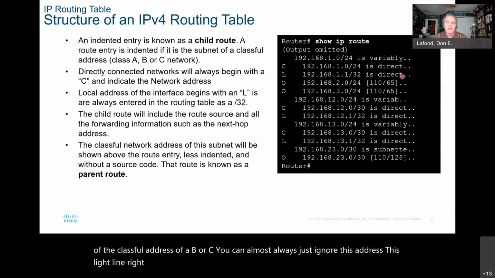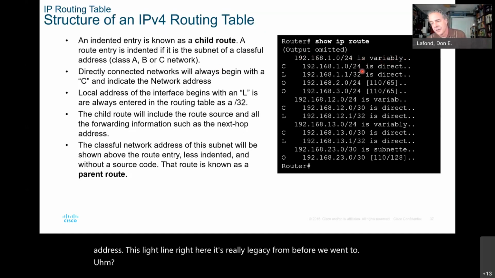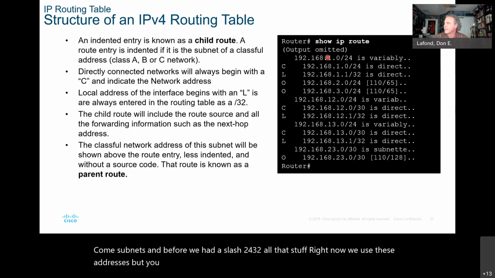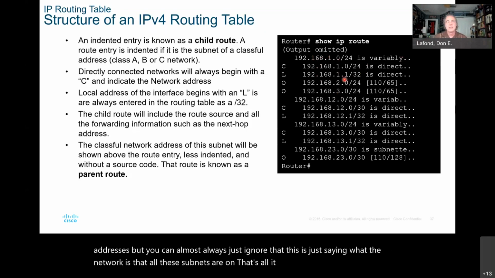It's really legacy from before we went to subnets, and before we had slash 24, 32, all that stuff. Now we use these addresses, but you can almost always just ignore that. This is just saying what the network is that all these subnets are on. That's all it does. Directly connected networks begin with a C.